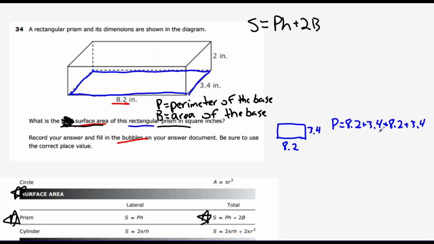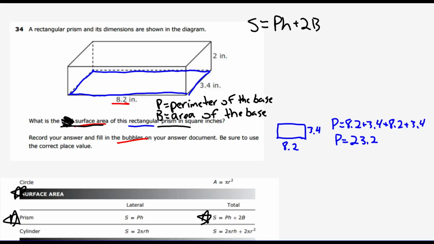This would be 11.6, and then another 11.6. So that's 23.2. Actually, let me check my calculator here, because I don't want to mess this up and then you all get the wrong answer and blame me. So 8.2... Okay, 23.2. Good job, me.